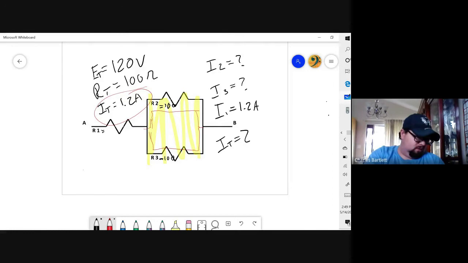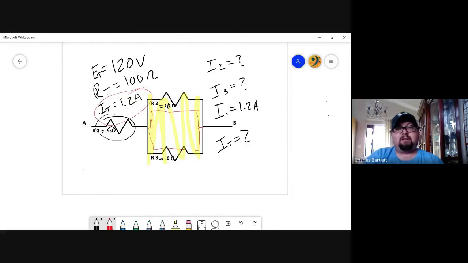Well, we've got our 50 ohms at R1, right? And we know our IT. So what if we subtract the voltage that's dropped against this series resistor? What's remaining should be the voltage that's coming across our parallel section.